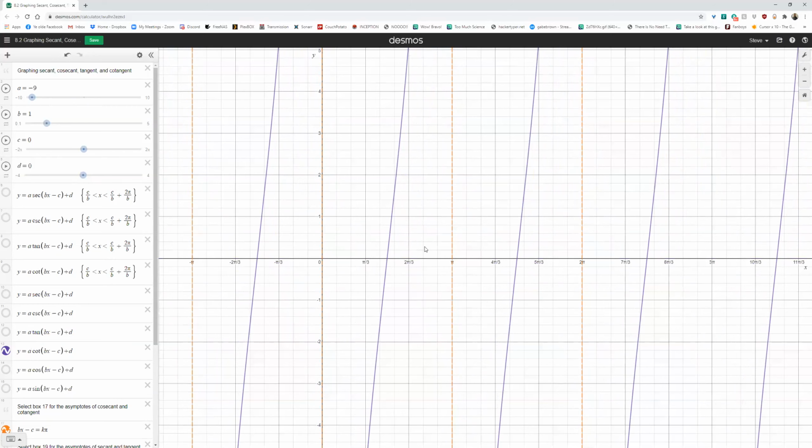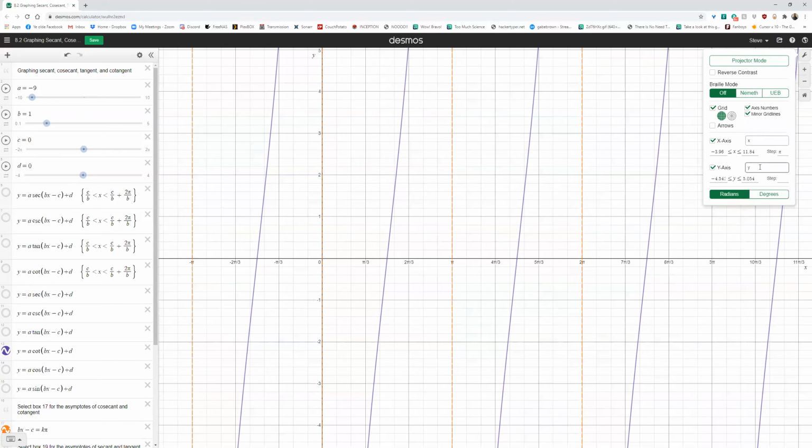I notice when I do that, it stretched the graph out quite a bit. In addition, it reversed the direction of cotangent. So in fact, the graph of negative cotangent ends up looking just the same as a graph of positive tangent.